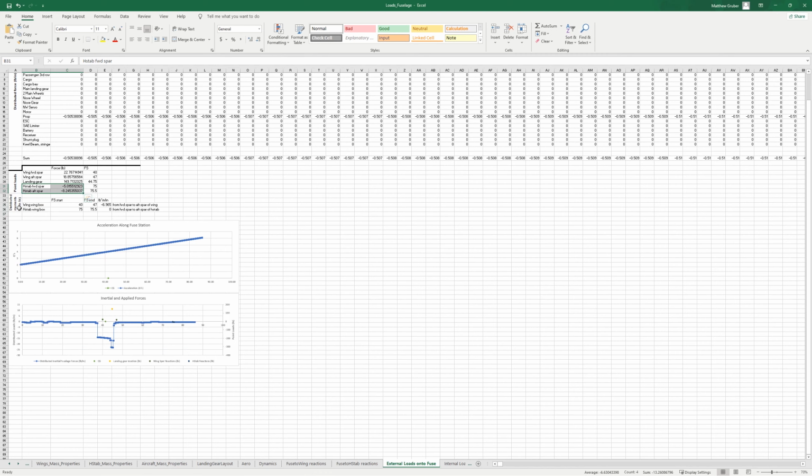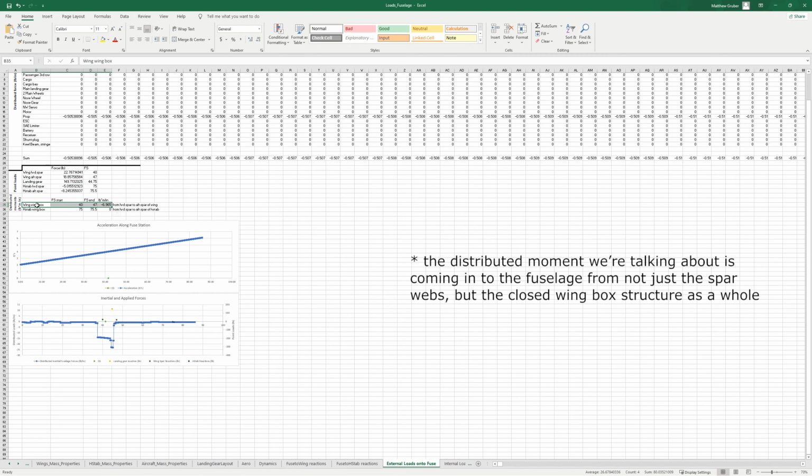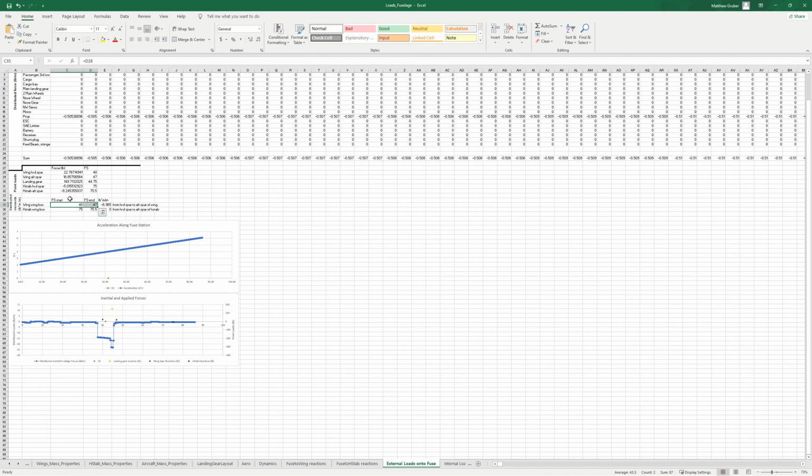And we're also inputting direct moments, in this case just from the wing box, because that's the only structure attached to the fuselage that can directly torque onto it as an applied moment instead of as two different applied shears here. That would be like on your VMT diagrams. Here you would have an applied moment, although it's a distributed one between the wing box start and the wing box end fuse stations.